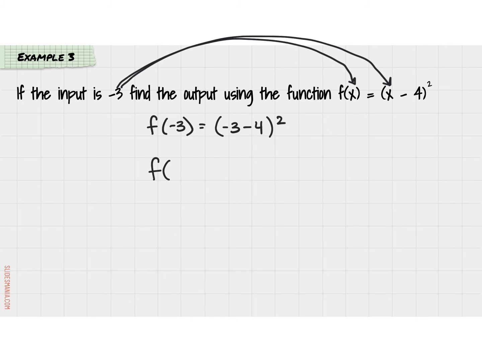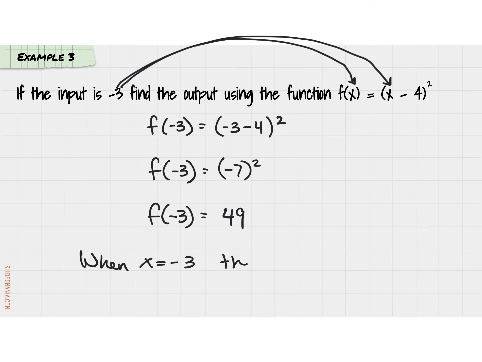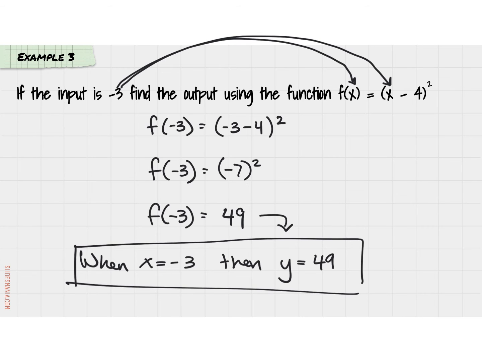So I get function of -3 equals -7 squared, and function of -3 equals 49, because -7 times -7 is 49. This means when x equals -3, then y is equal to 49. All right? That's what this statement means.